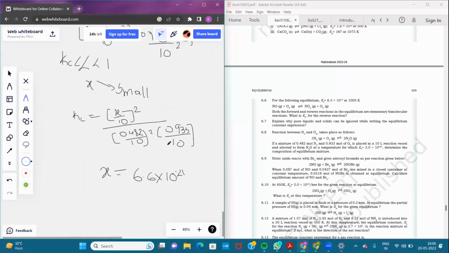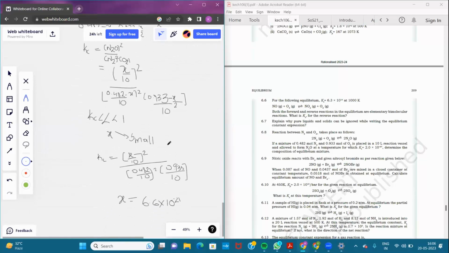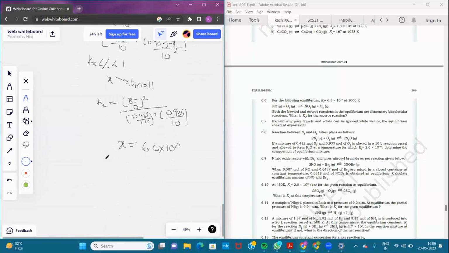Question: the composition of the equilibrium mixture. So N2O concentration would be 6x by 10.